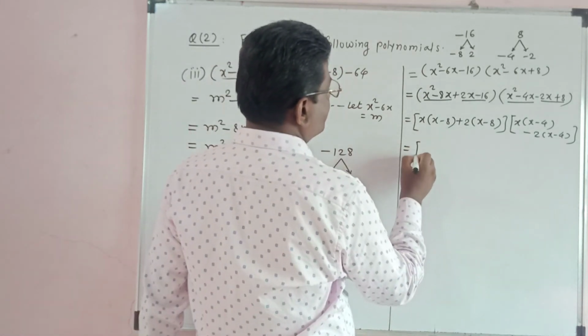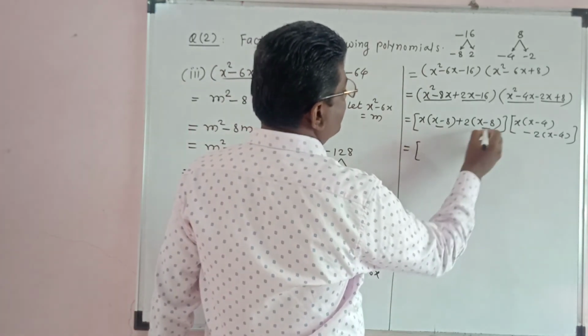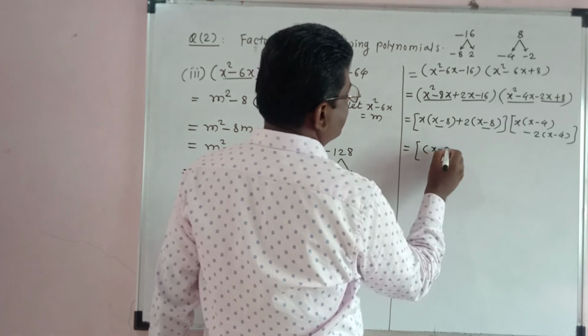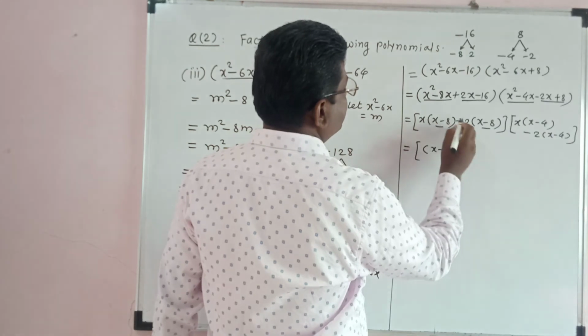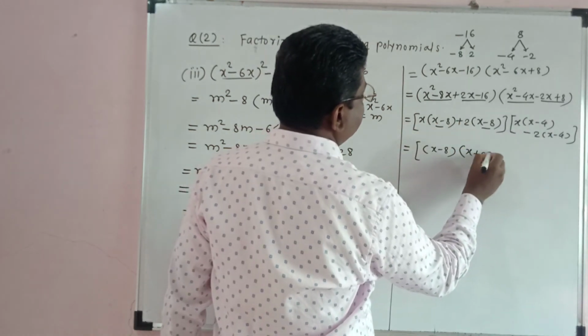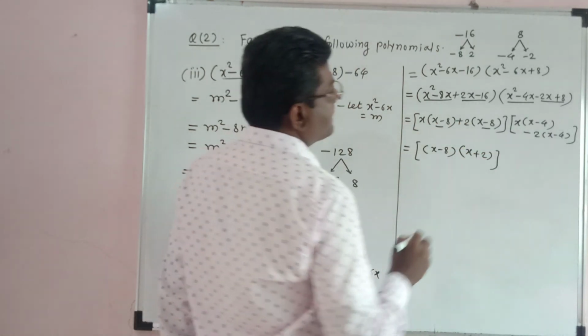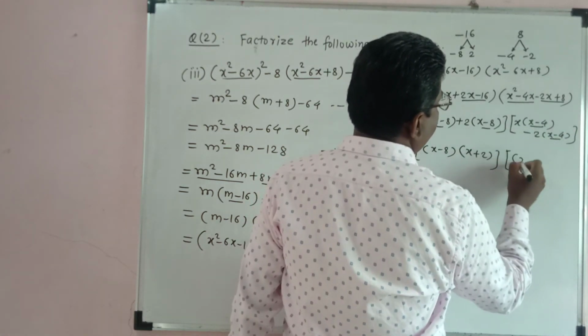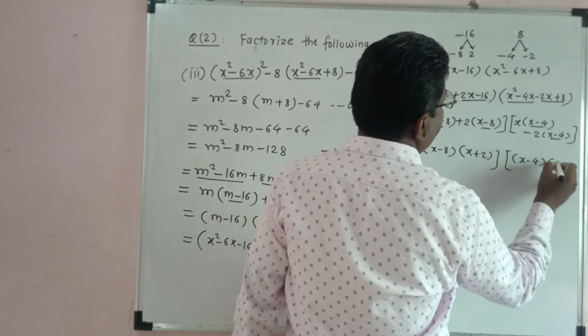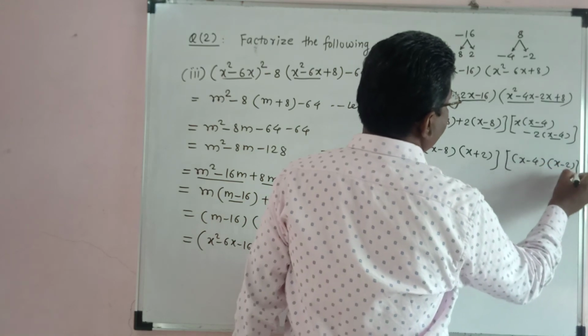Now this bracket is common, so we write x minus 8 in the first bracket and in the second bracket x plus 2. Now in another bracket this x minus 4 is a common bracket and we write in another bracket x minus 2.